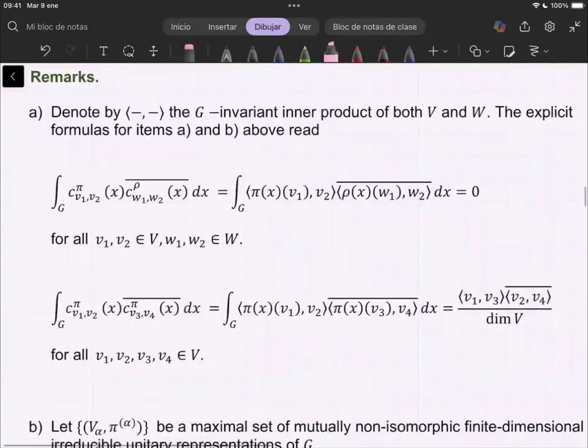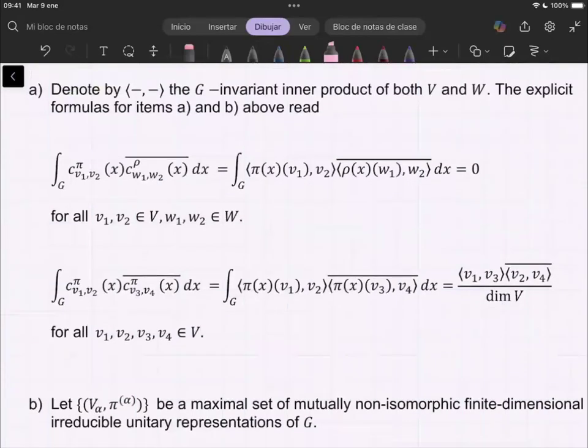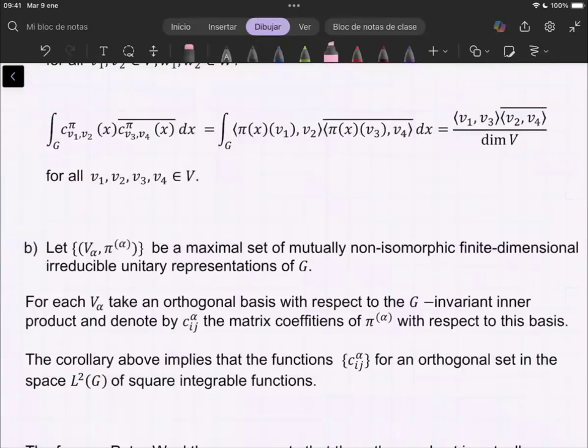Suppose now we can obtain all the non-isomorphic irreducible representations of a group, yes? And we take all of them, okay? For each, with respect to the G-invariant inner product.